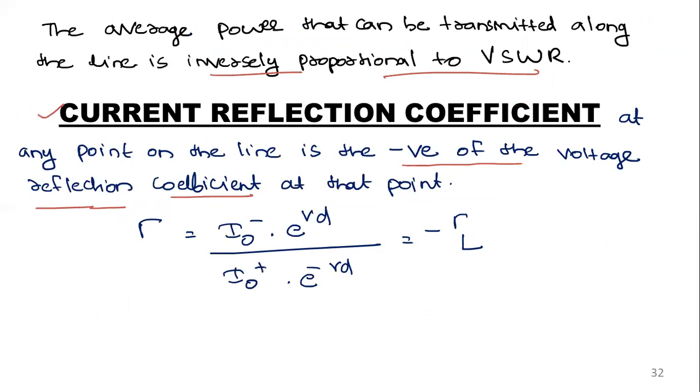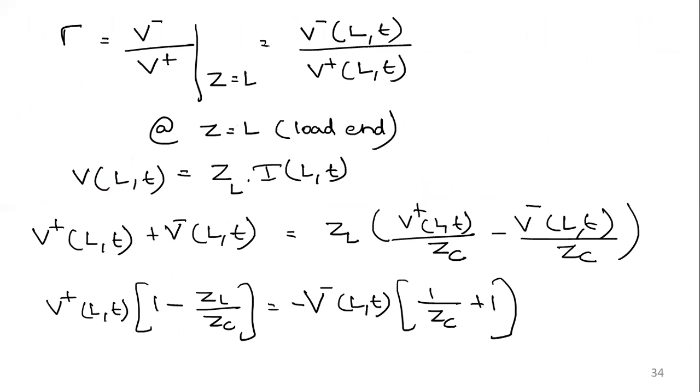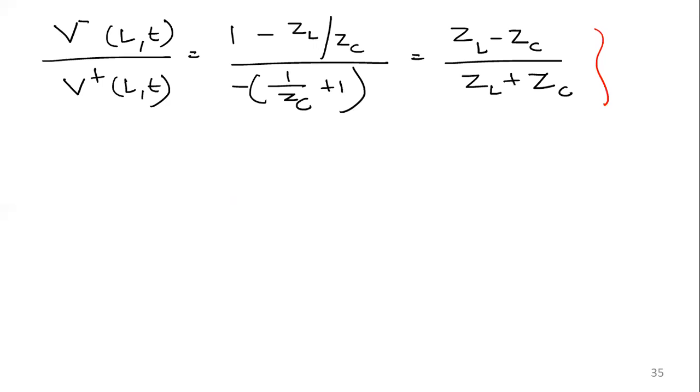And then we saw what the current reflection coefficient is, which is the negative of the voltage reflection coefficient. And then we realized the expression: gamma, the voltage reflection coefficient, that is V minus divided by V plus, is equal to ZL minus ZC divided by ZL plus ZC, where ZL is the load impedance and ZC is the characteristic impedance.